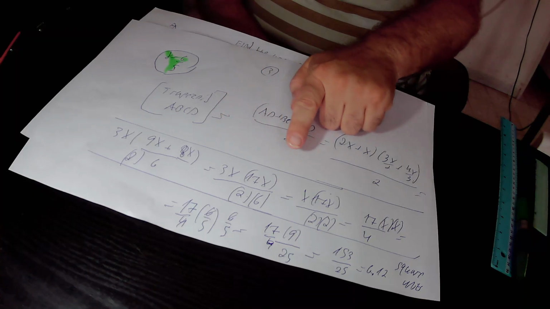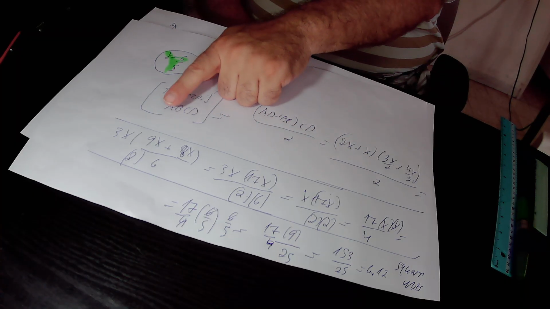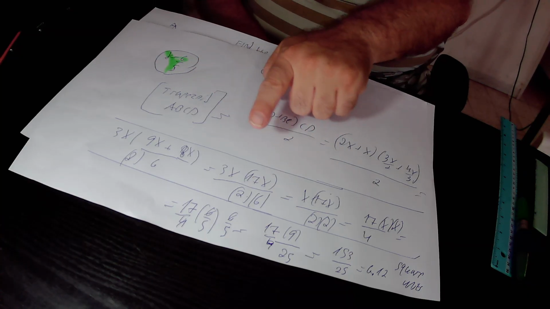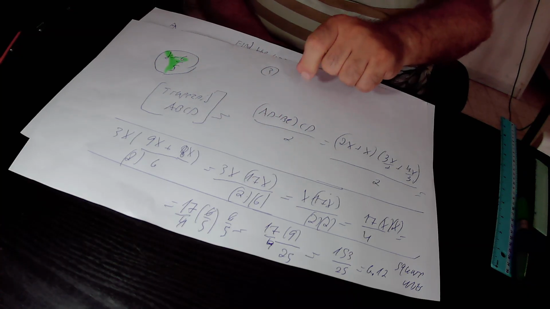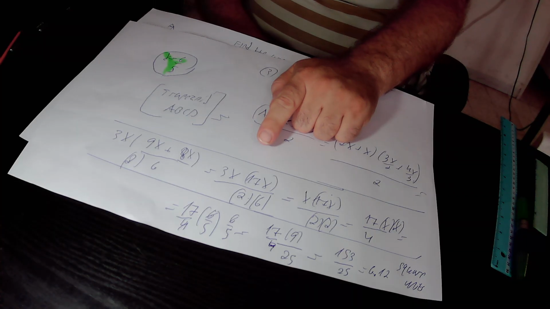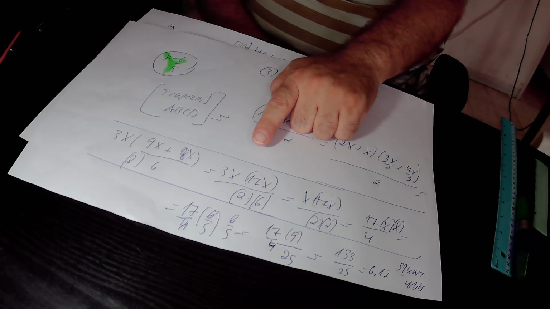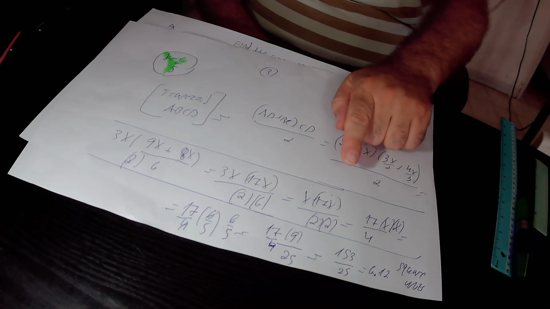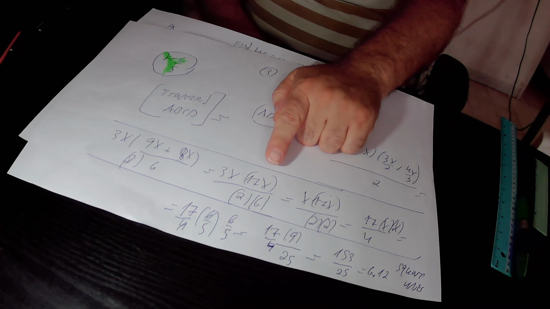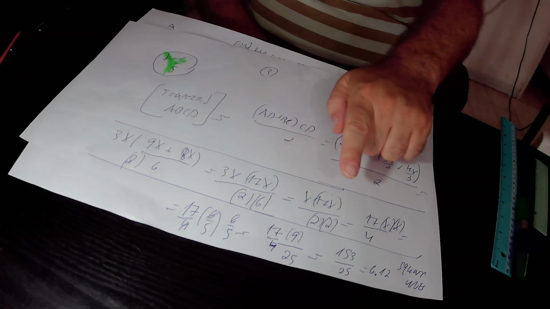9x plus 8x is 17x. So in total, in the numerator we have 3x times 17x, over 2 times 6. We divided both the numerator and the denominator of this expression by 3. 3x over 3 is x. So in the numerator we are left only with x times 17x, and in the denominator, 6 over 3 is 2, so we are left with 2 times 2.